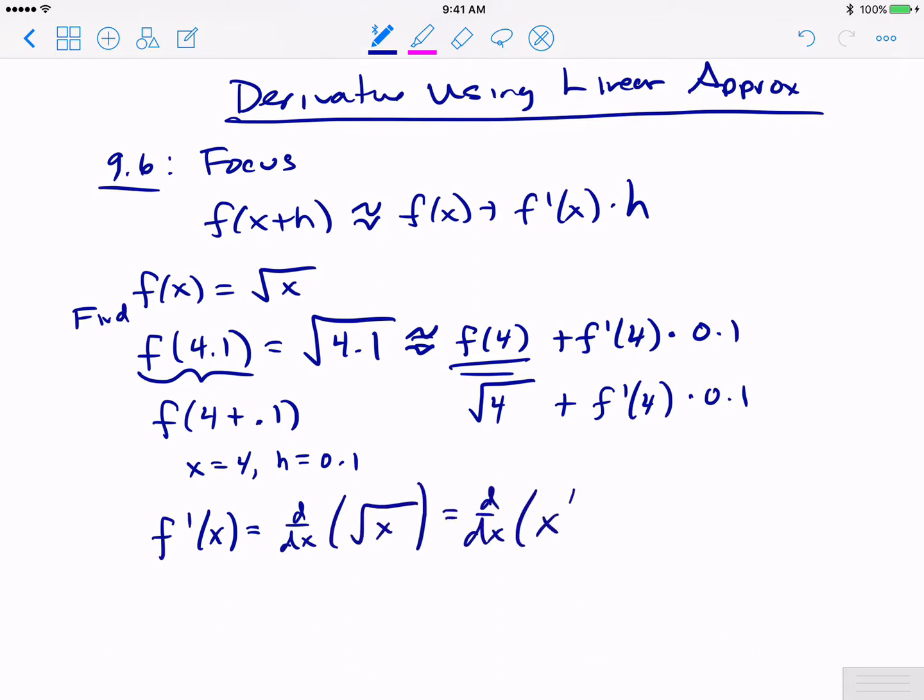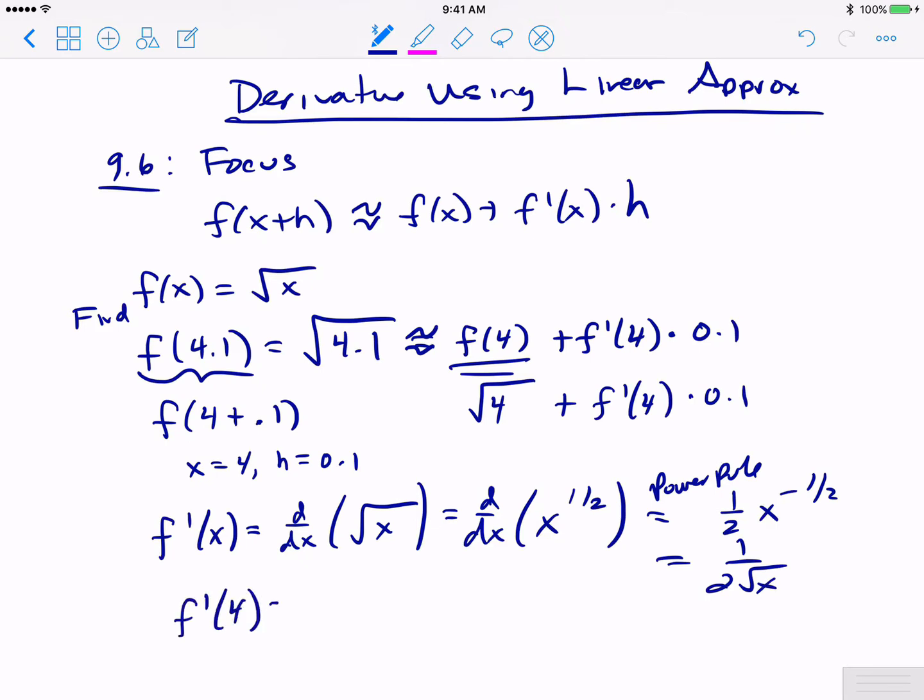Square root of x is x to the 1/2 power. So the power rule says that the derivative will be 1/2 x to the negative 1/2, or 1 over 2 square root of x. So f prime of 4 is 1 over 2 square root of 4, which is 1 over 2 times 2, which is 1 over 4.